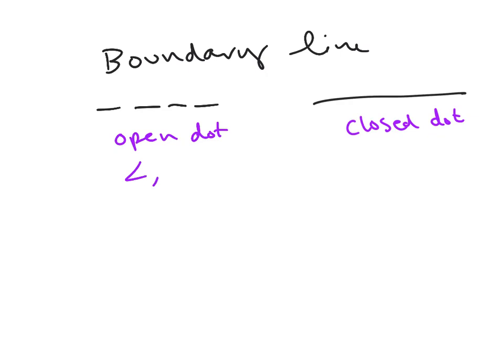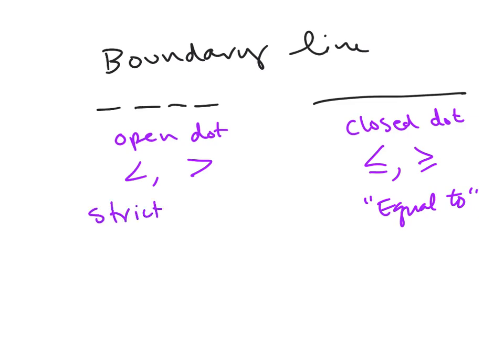And this is less than or equal to, so this can be equal to. This is a strict inequality. If you have a boundary line that is dashed, you cannot be on the boundary line. If you have one that's solid, you can be on the boundary line.